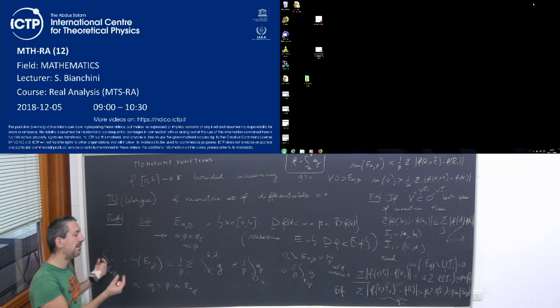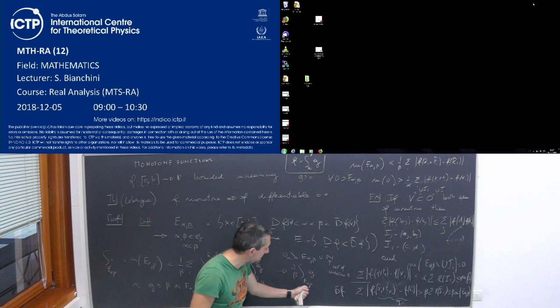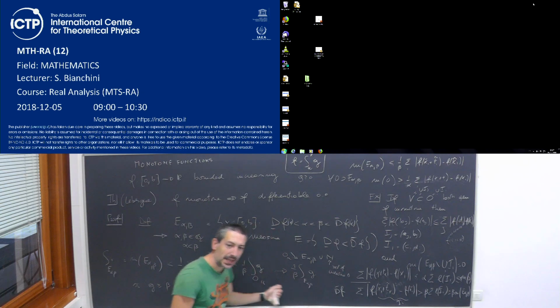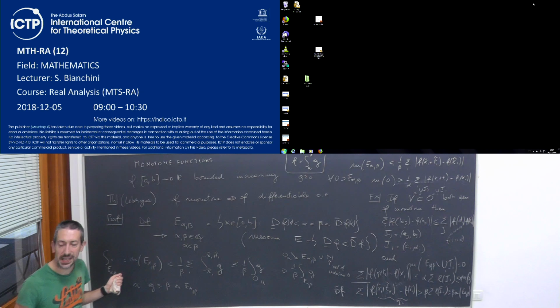Because you see, if there is a set where this is less than beta, I just restrict and I repeat the assumption, so it's a contradiction. I get an integral which is less than 1, and here it should be 1.